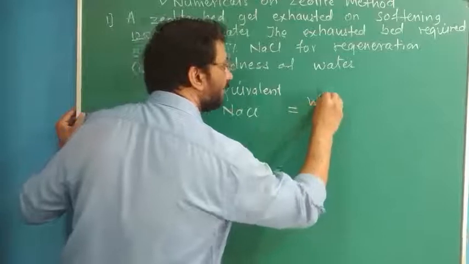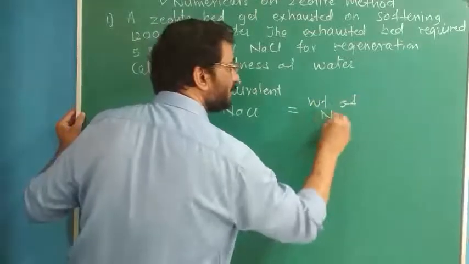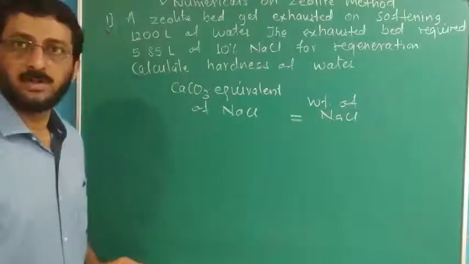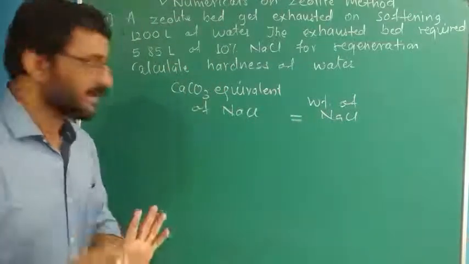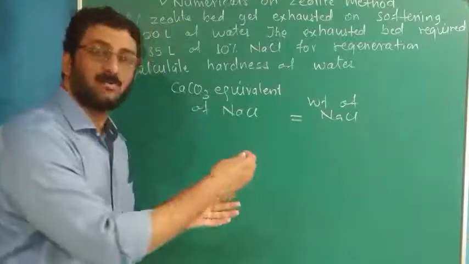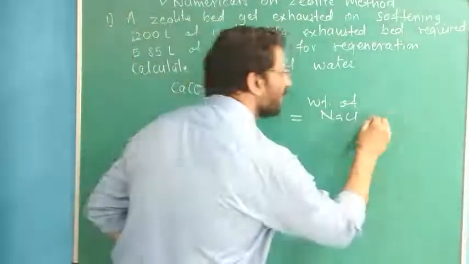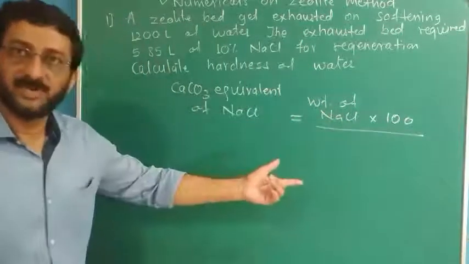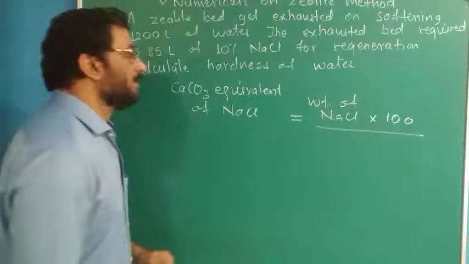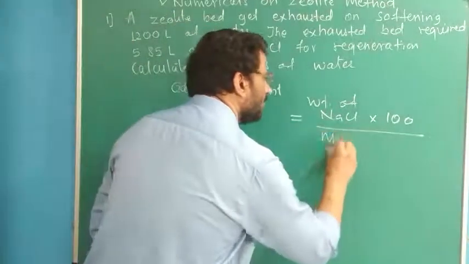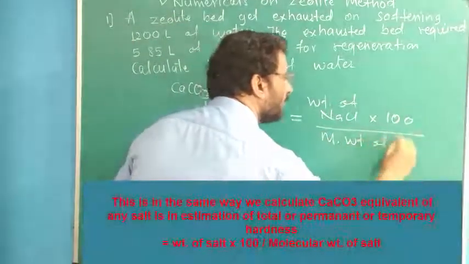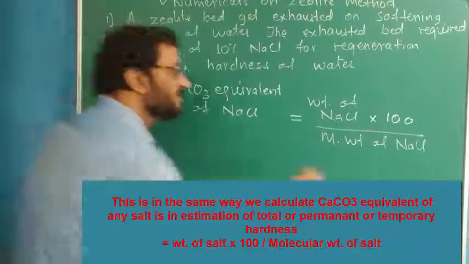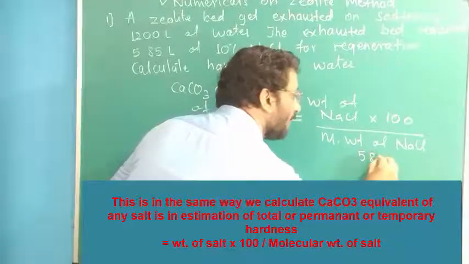What is that? Weight of NaCl. We know that 2 equivalents of NaCl are required for removal of 1 equivalent of hardness. So the amount of NaCl required into 100, the molecular weight of CaCO3, divided by the molecular weight of NaCl. The molecular weight of NaCl is 58.5.